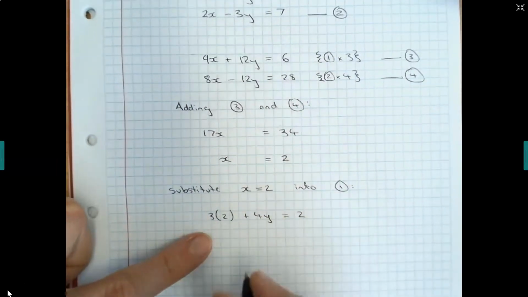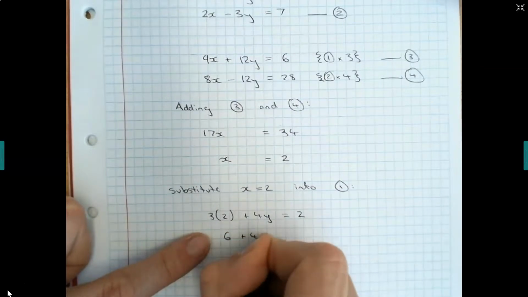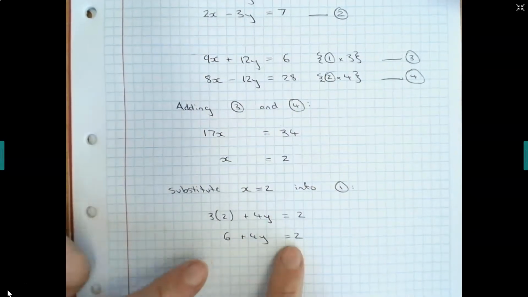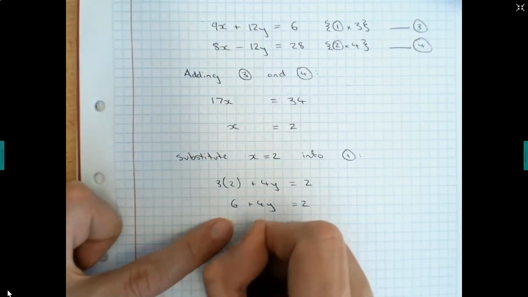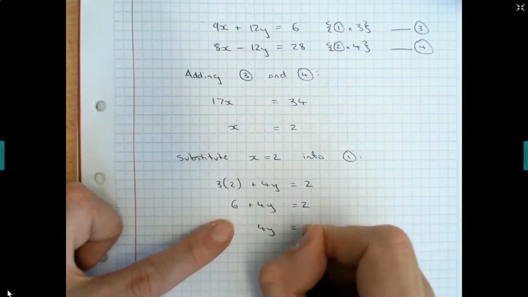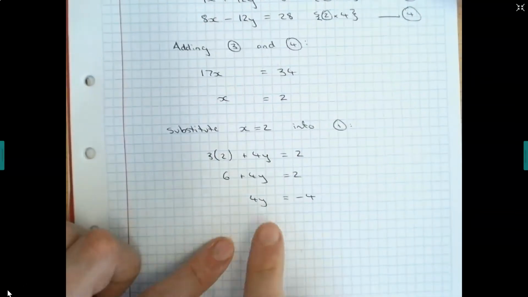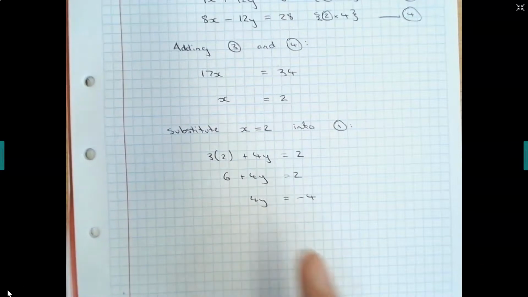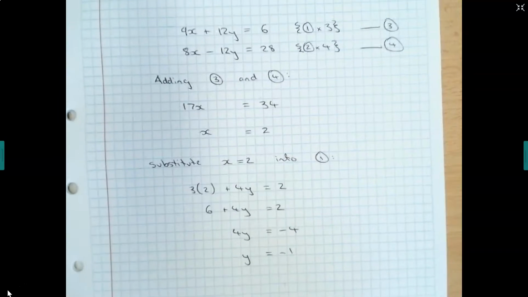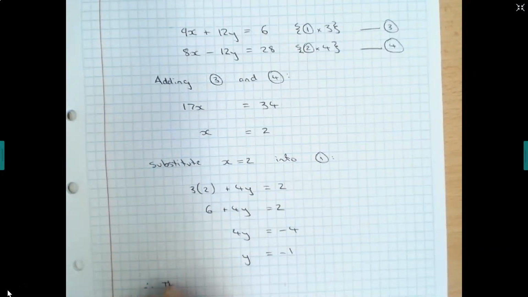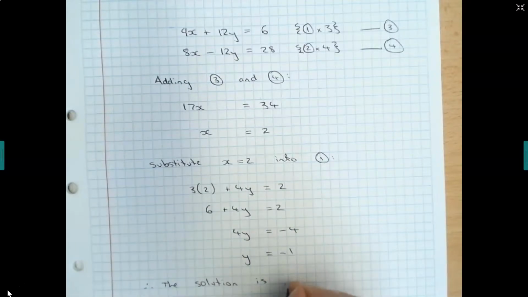So 6 plus 4y is equal to 2. If I subtract 6 from both sides, I'll get 4y is equal to negative 4. Then I divide each side by 4, so y is equal to negative 1. Therefore, the solution is x is equal to 2, y is equal to negative 1.